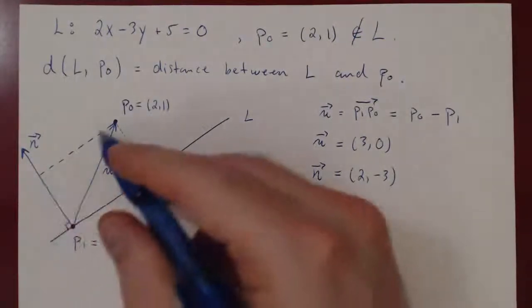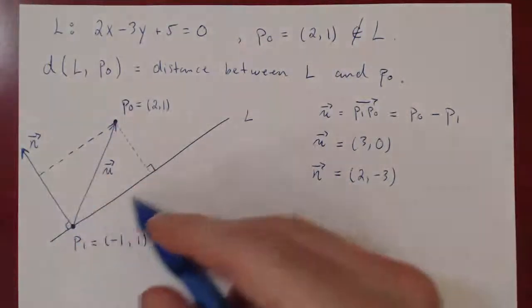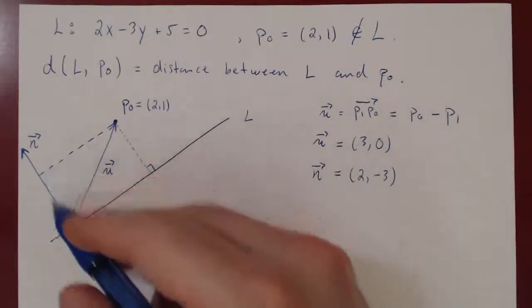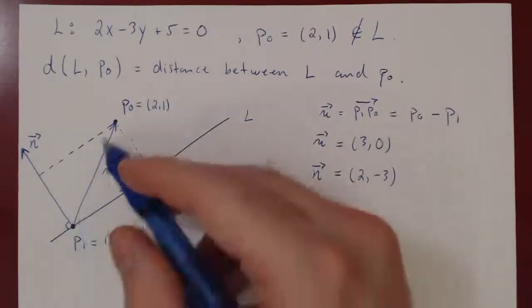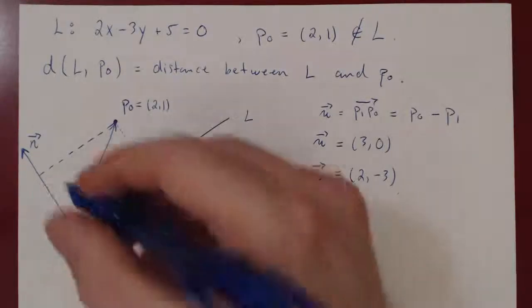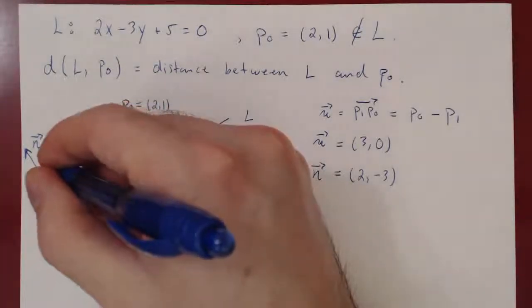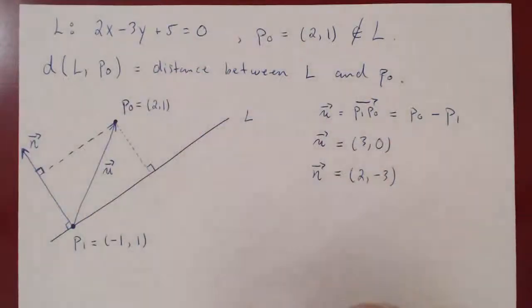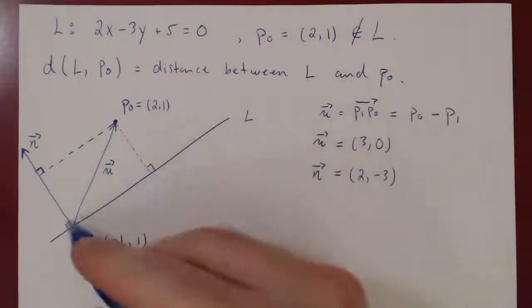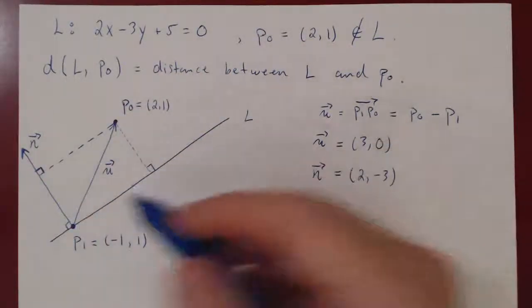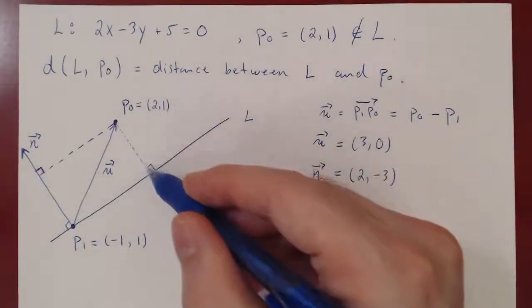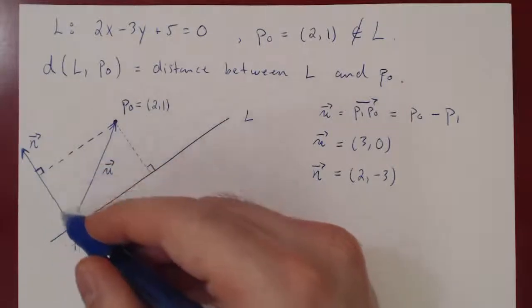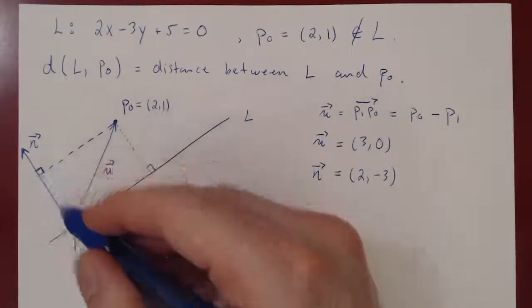What we have built now is a rectangle, right? Both segments meet the line L in an orthogonal fashion, and we are considering here the orthogonal projection. So we have a rectangle. And it's pretty obvious that since we have a rectangle, the length of this segment is the length of this segment.